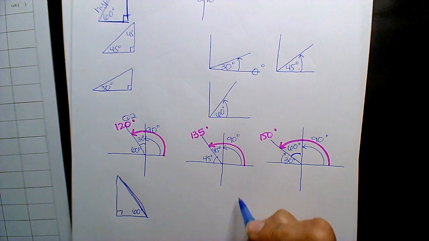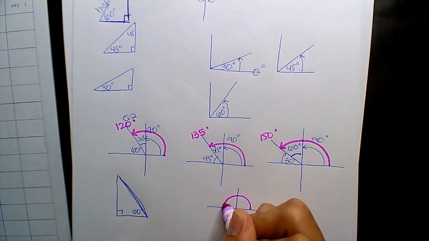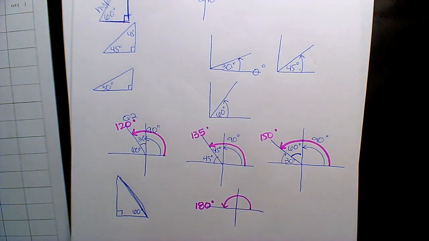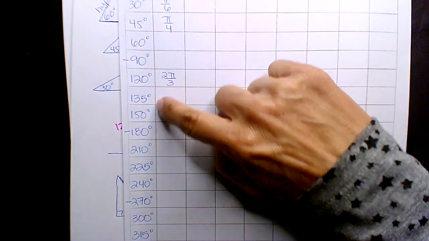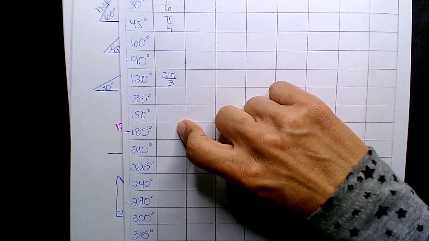And then at the very end, your quadrantal angle from here to here is 180, and that's your quadrant 2. So here's your 90, 120, 135, 150, 180. That's your quadrantal. That covers it.